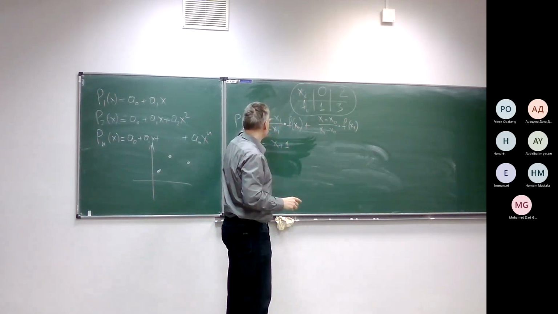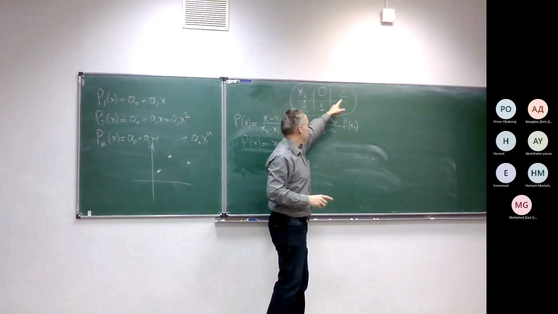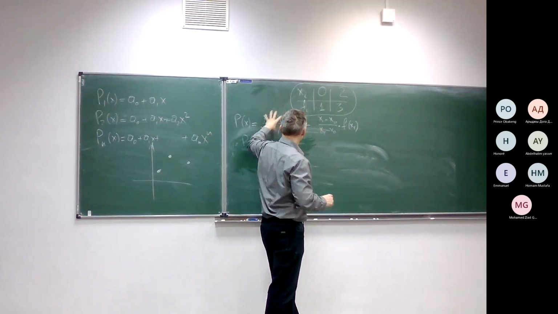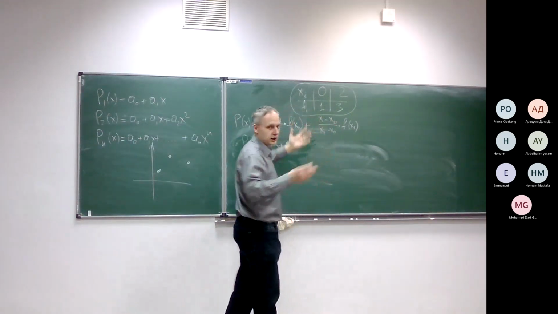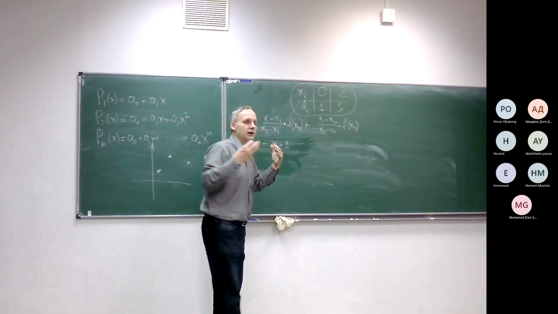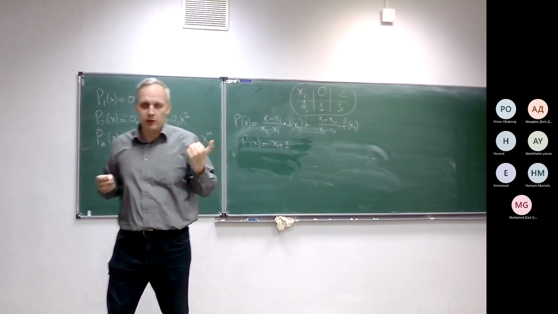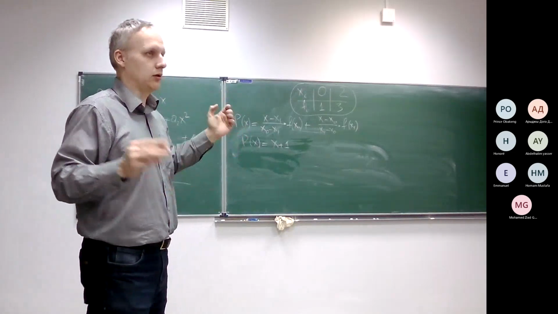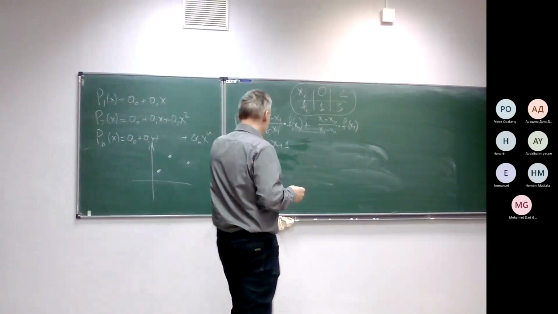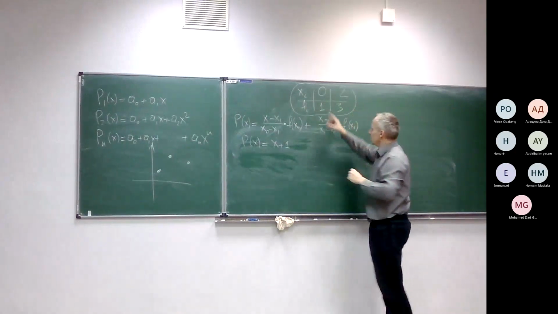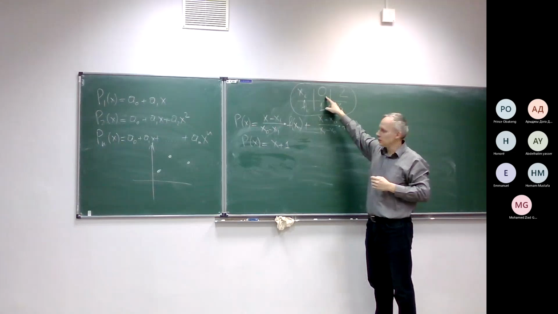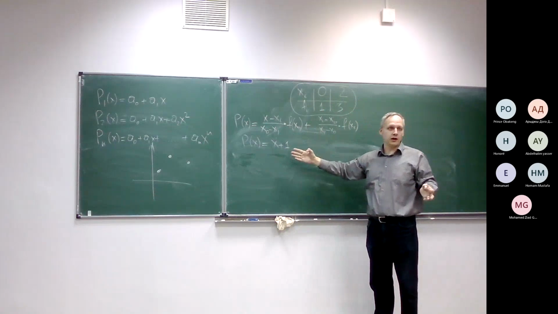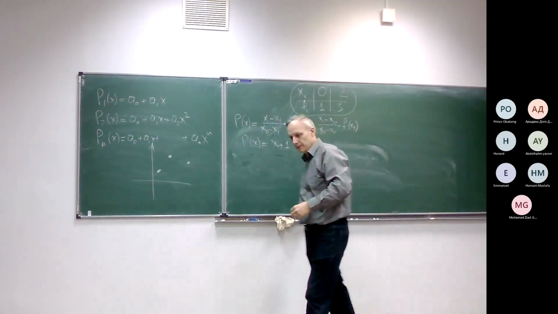We should substitute x1 equals 2, x0 equals 0 here, and find the solution, x plus 1. In this problem, it is very simple to check whether this solution is correct. I substitute these points. If I substitute 0, I get 1. If I substitute 2, I get 3. So the solution is correct.